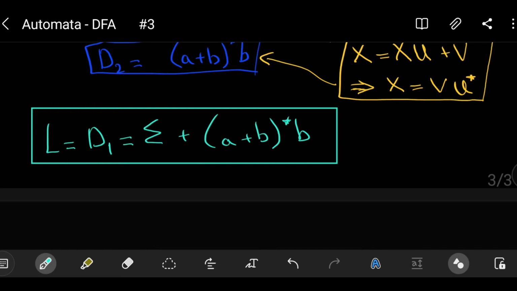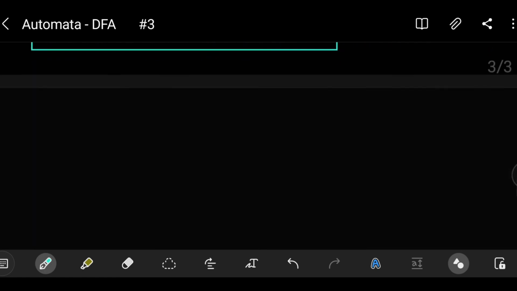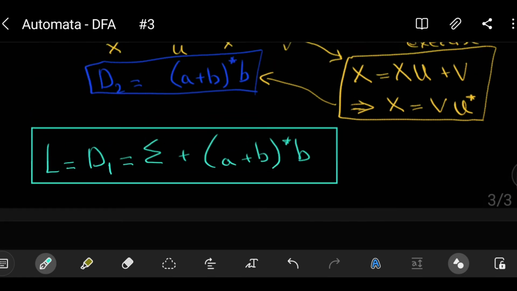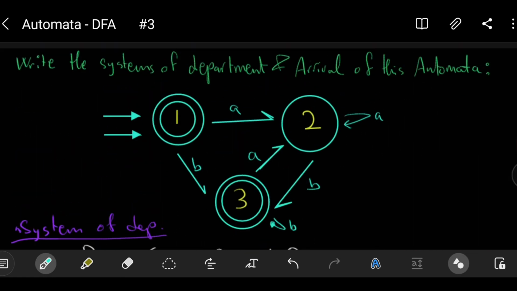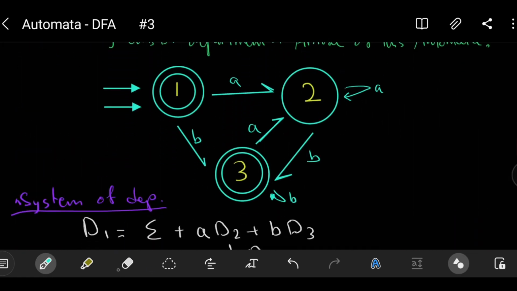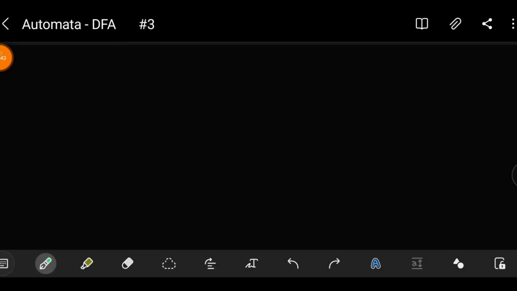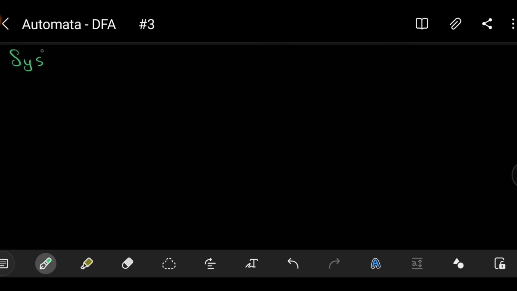Now let me solve the arrival system. I will copy this automat here. I will copy it. Now let me solve the system of arrival.